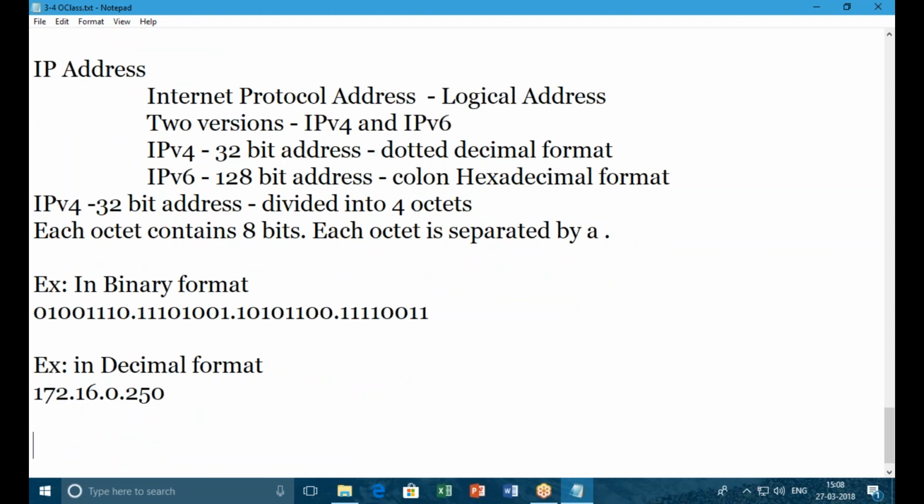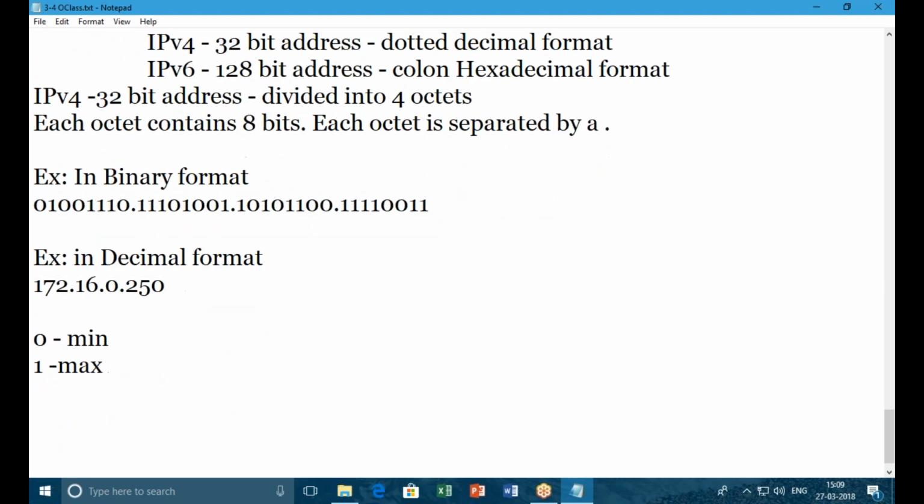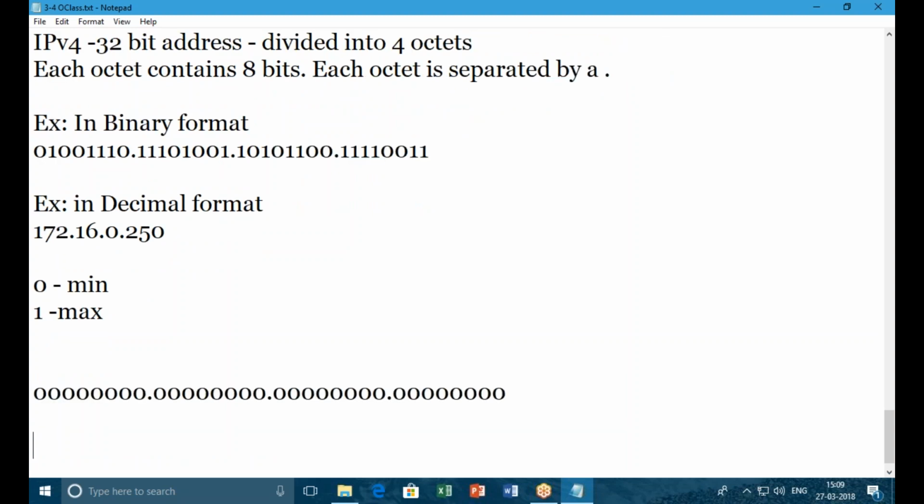Now in binary, you have only two digits, that is 0 and 1, 0 being minimum and 1 being maximum. Now if I keep all the bits in an IP address as zeros, when you convert this IP address into decimal format, it will be 0.0.0.0.